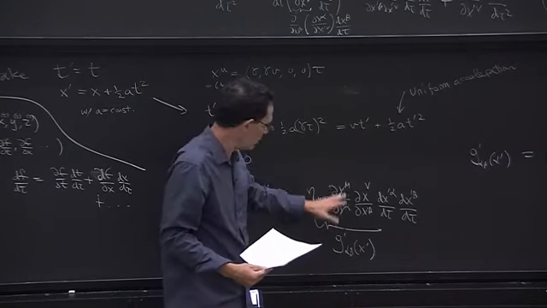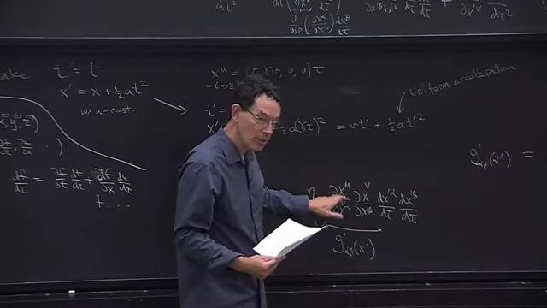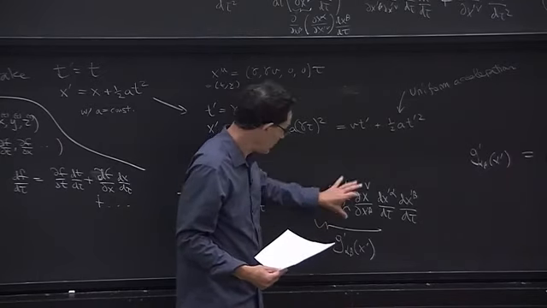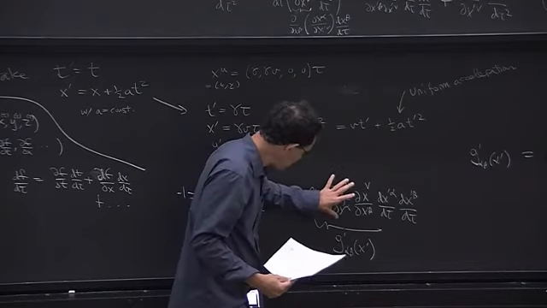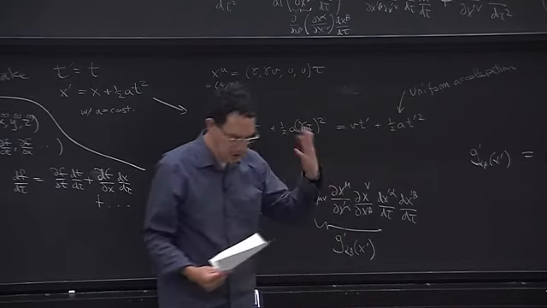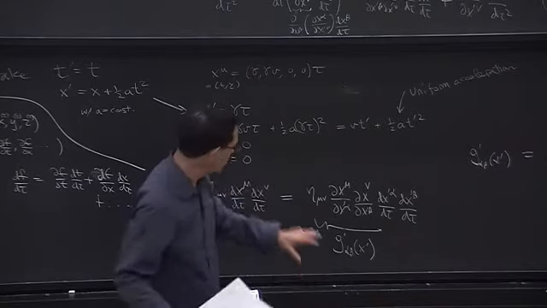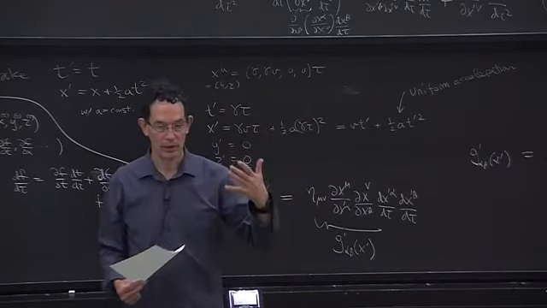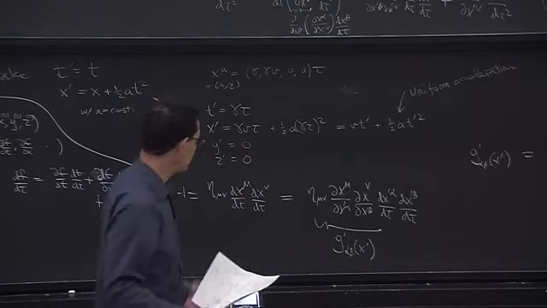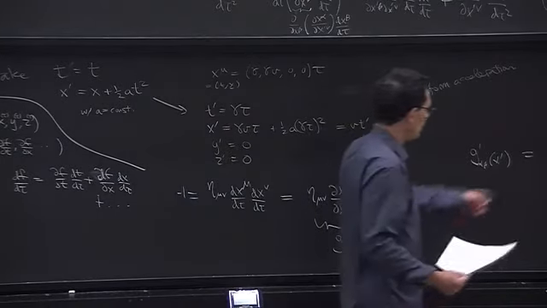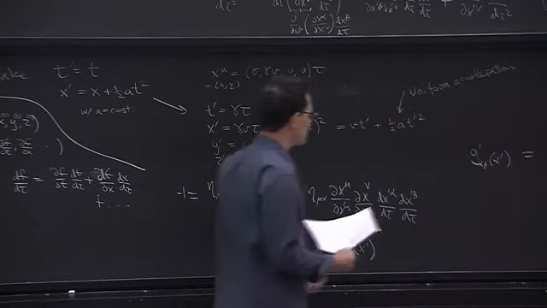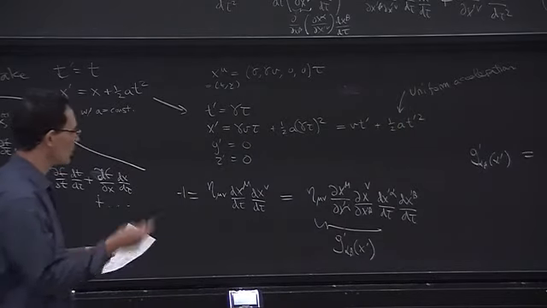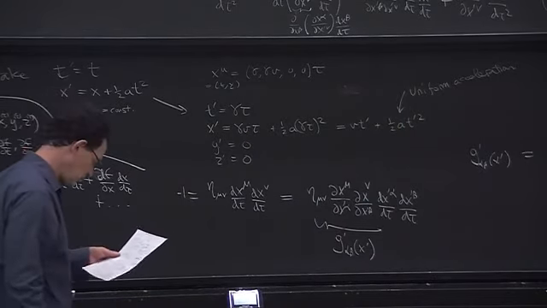If this is not a Poincare transformation, then if x of x prime or x prime of x are Lorentz transformations, this is eta. But if they're more general, then it's some matrix. And so this metric corresponds to uniform gravitational fields.